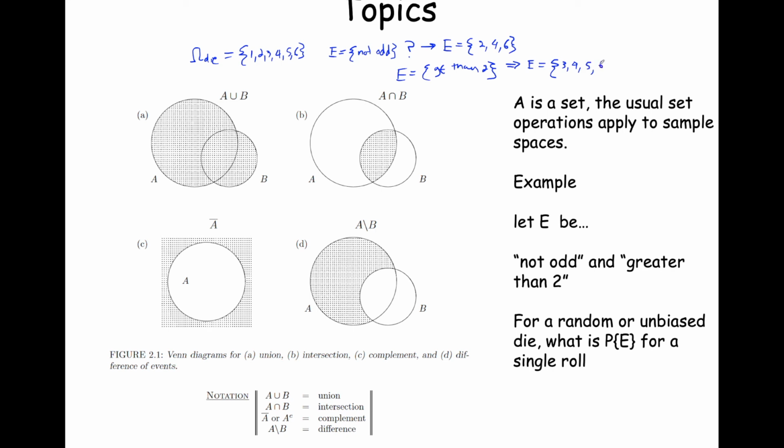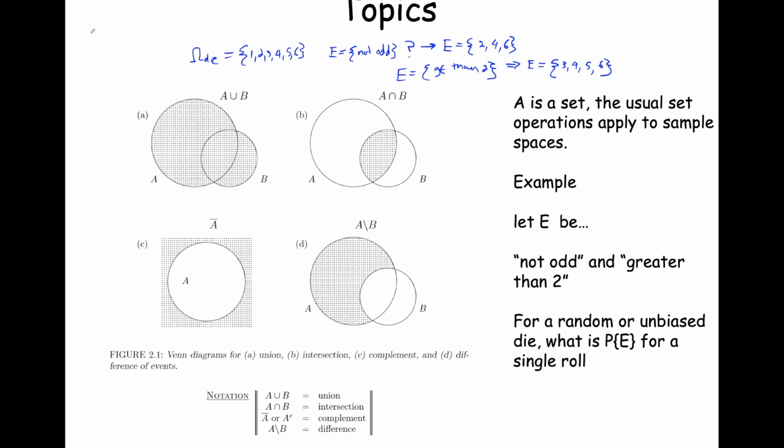So if we want to construct arbitrary events, we must be able to take simple events like the 1, the 2, the 3, and combine them to make complex events. So in constructing our complex events, we're going to need the machinery of set operations. Okay, so let's take a look generally at set operations.